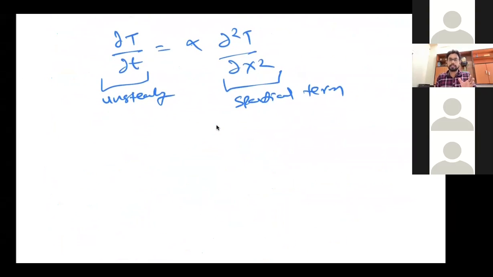We can also solve it analytically, but for today's lecture we will only solve it using a numerical method. So let's start with discretizing it. We divide this slab into many small elements, where we call the first one i equal to 1.